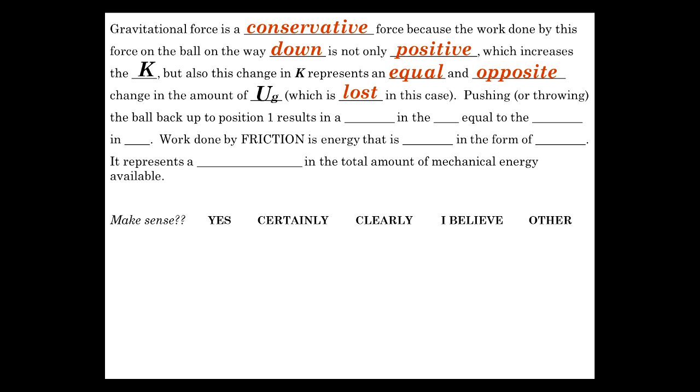Thus, it is lost. It's negative. If you push or throw the ball back up to the original position, that would result in a loss in the K. If you throw it from the bottom, it slows down until it gets to the top. However, as it's slowing down, there's a gain in gravitational potential energy.